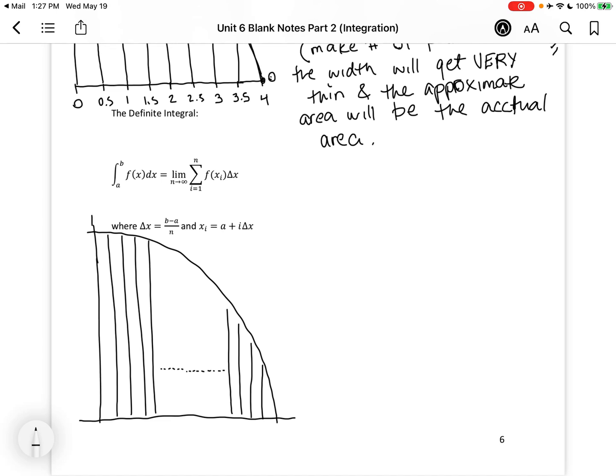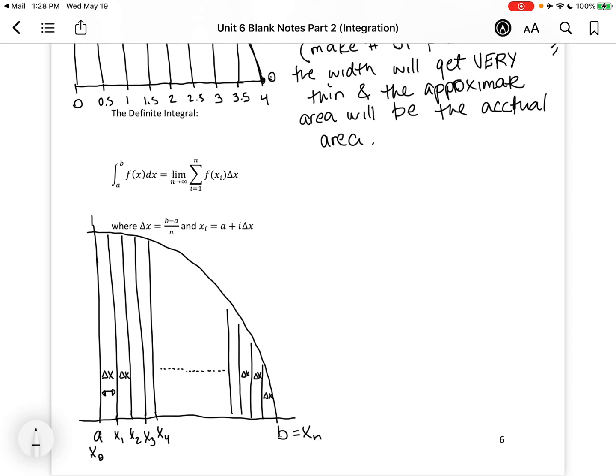One end is going to be a, and the other end is going to be b, which is equal to the end, xn. a is equal to the beginning, x0. This over here would be x1, x2, x3, x4, and then this is the width. And the width is what delta x is.